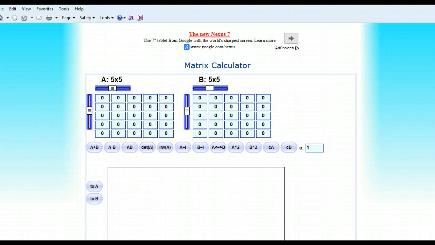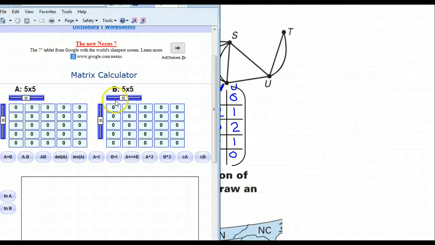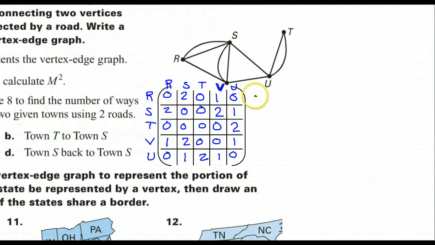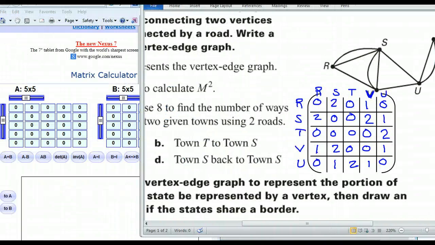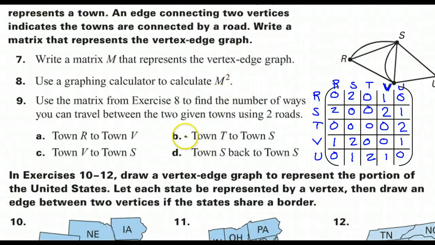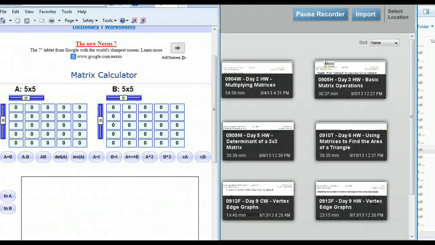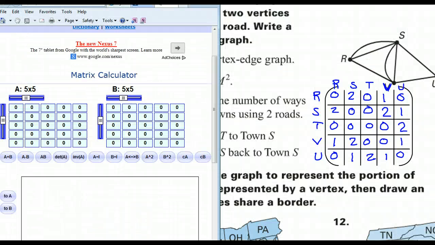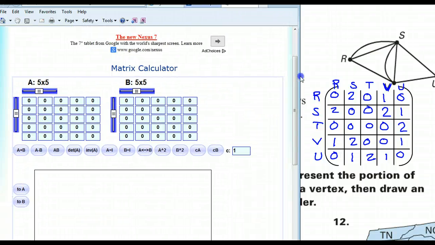So we'll just do the same matrix twice. Okay, let me see if I can get this over there. So here we go. The matrix is 0 2 0 1 0.